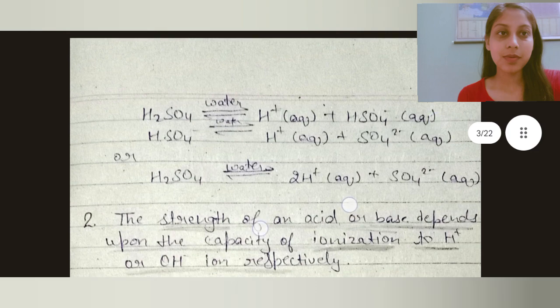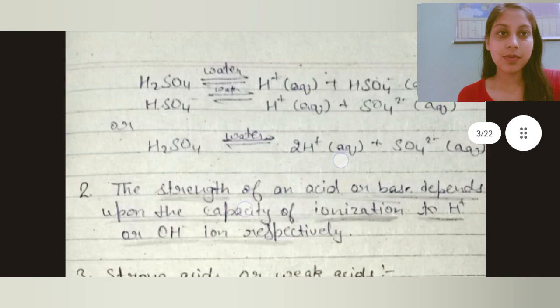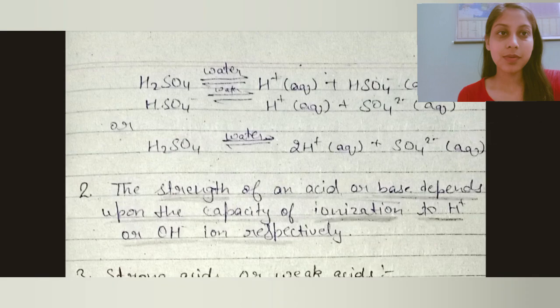For example, when H2SO4 dissociates in water, it gives H+ plus HSO4-. Again, HSO4- dissolves in water and gives H+ plus SO4 2- ion. Or we can simply say H2SO4 when dissolved in water gives 2 hydrogen ions plus SO4 2- ions.